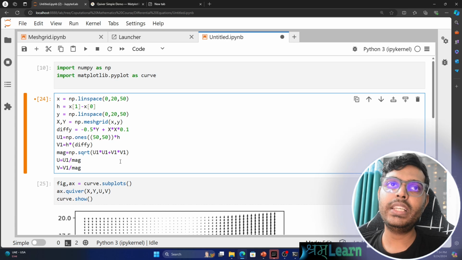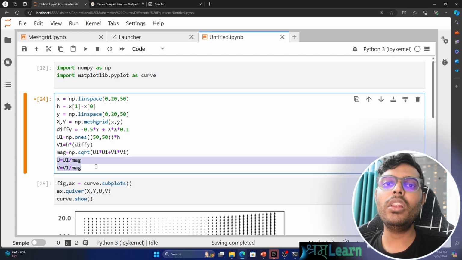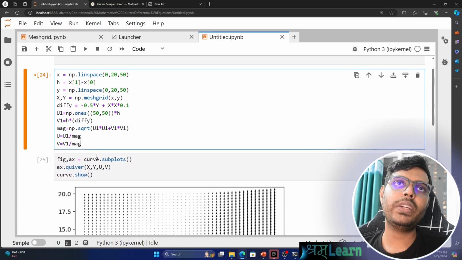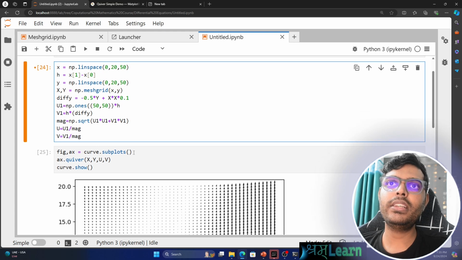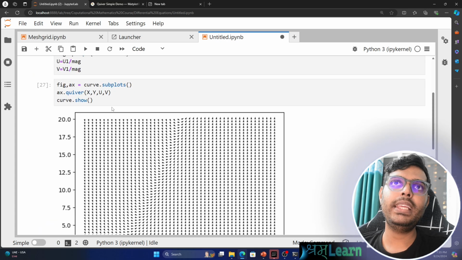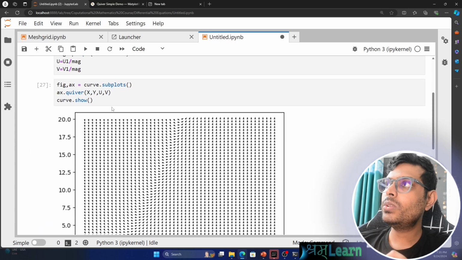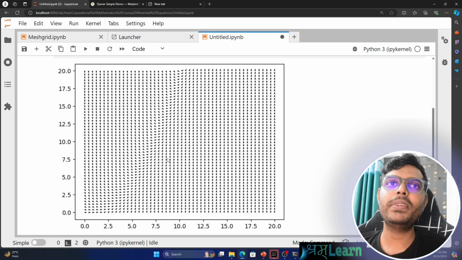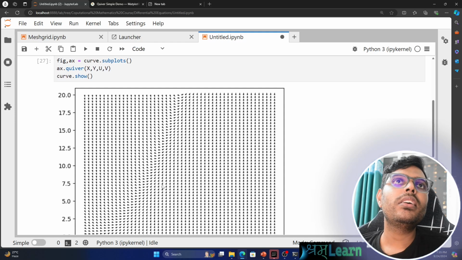Both u and v are in matrix form, so for all points we have the components. Can we plot to see whether all the arrows are uniform? Yes, so all the arrows are now uniform. But what information will we get from here? That is the thing to be considered. Right. So can we have larger arrows here?